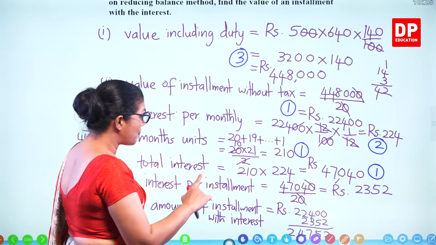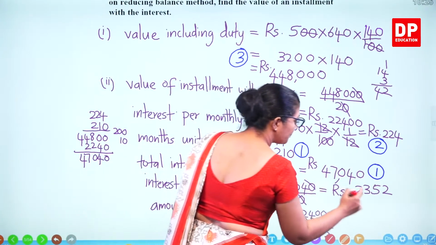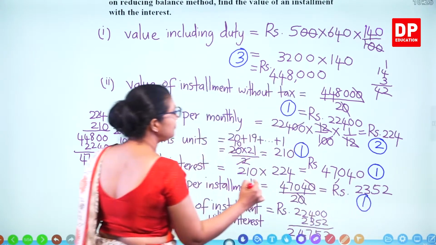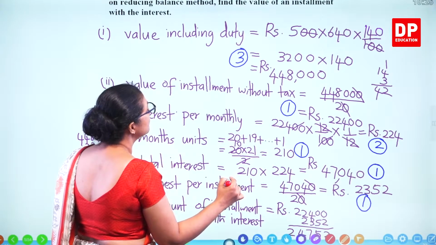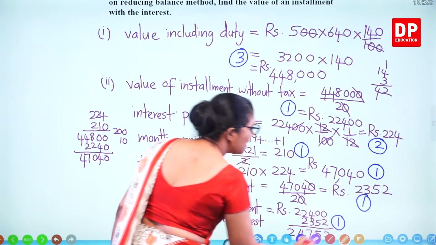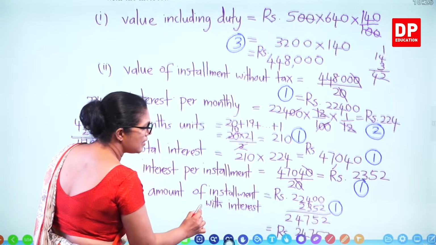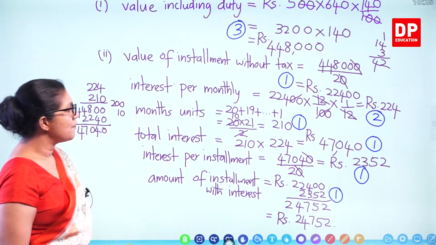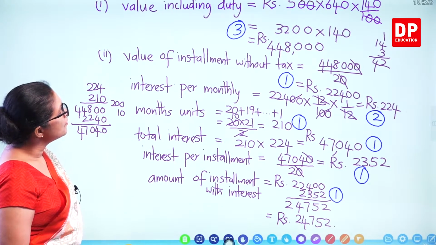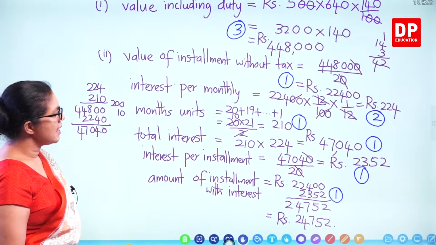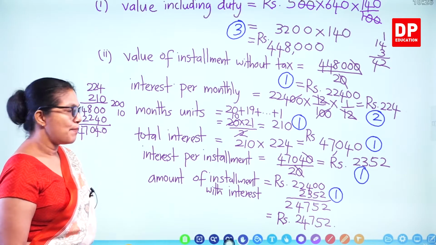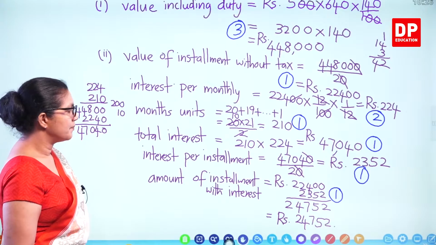And then interest per installment, 1 mark. And 1 mark for adding these two and get the answer 24,752. That's 1 mark. 3, 4, 5, 6, 7, 8, 9, 10. Altogether 10 marks for this whole question.